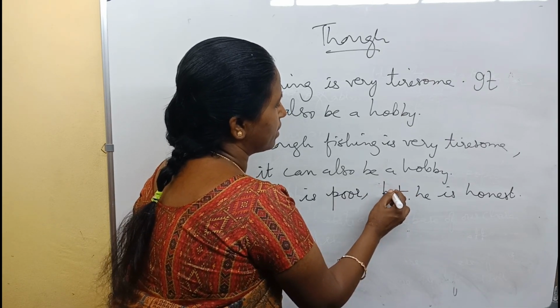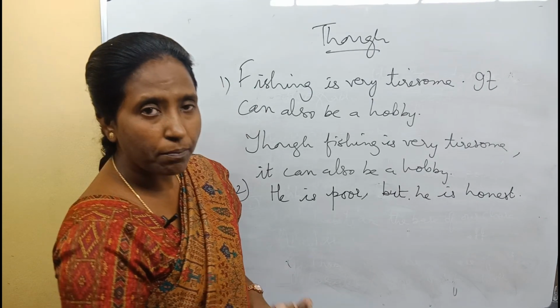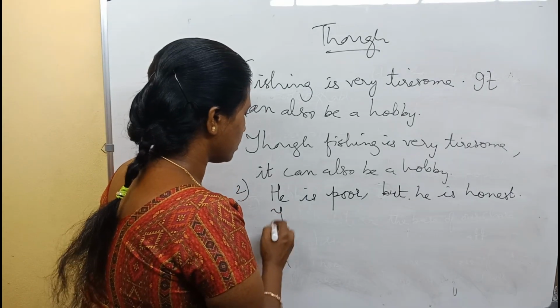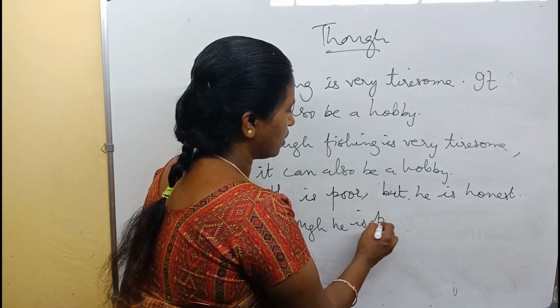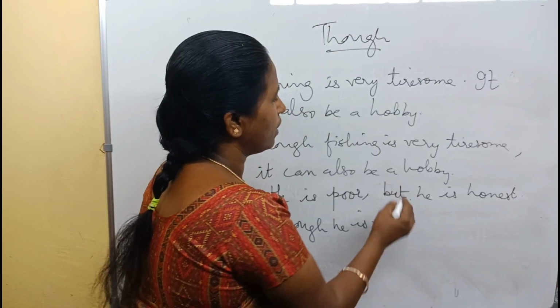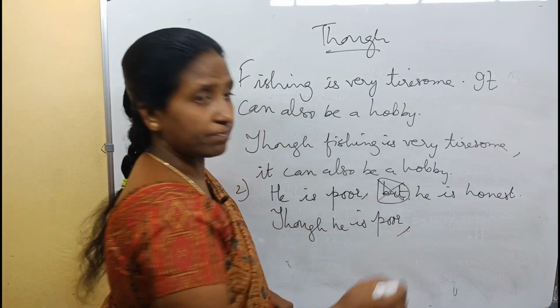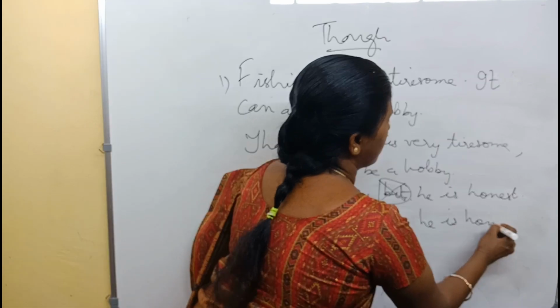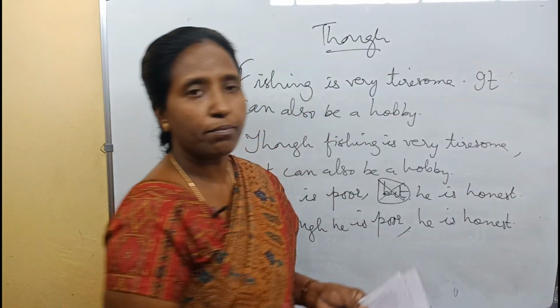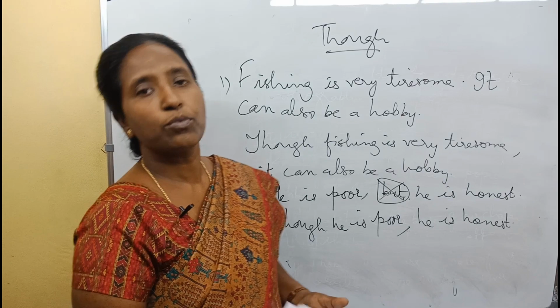Okay, but if you are asked to combine using though, how you would do is: though he is poor, comma, you should not write the but. He is honest. Okay, this is how you would combine. See, if but is there, remove the but.